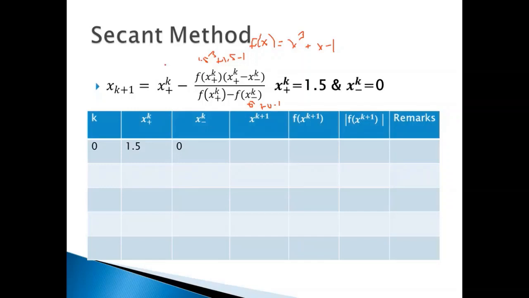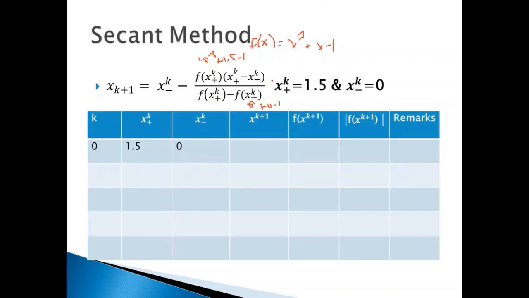But from experience, the second has fewer iterations than the bisection. So let's get a calculator and type in the values. So x plus, this is 1.5 minus the function. So that is 1.5 cubed plus 1.5 minus 1 times x plus minus x minus.